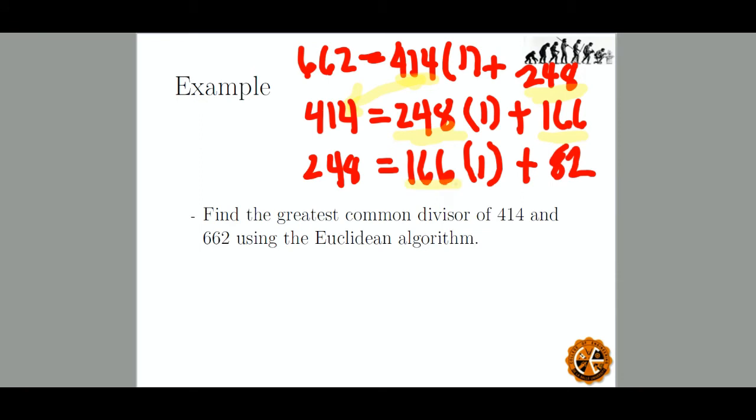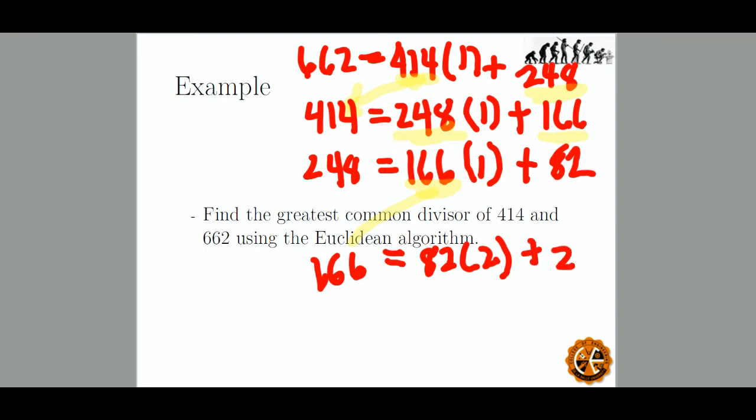Okay, repeat. This will be 166 divided by 82, and 82 times 2 is 164, so 2 plus 2, almost there.